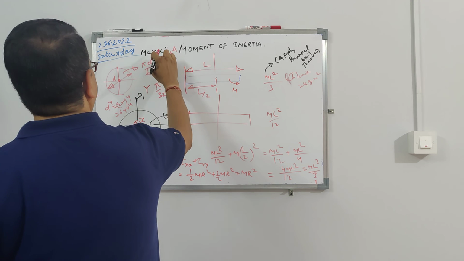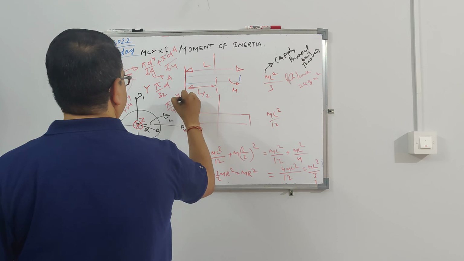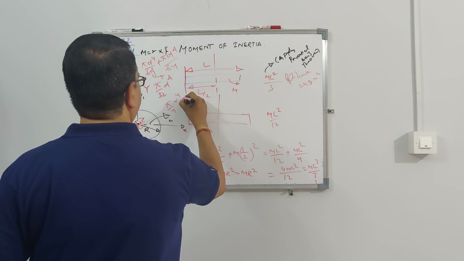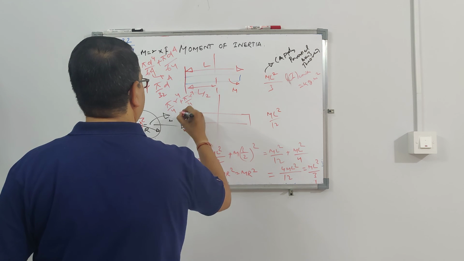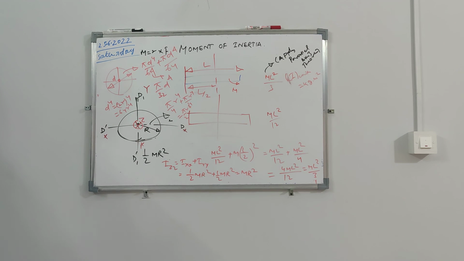So it will become pi by 4 r4, and adding pi by 4 r4 gives pi by 2 r4. Just remember that.